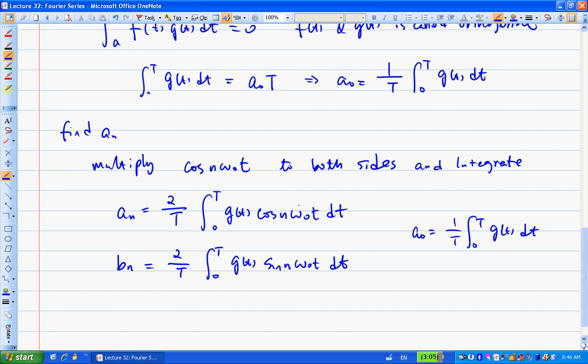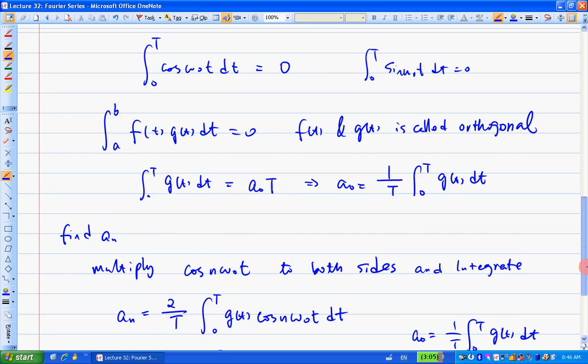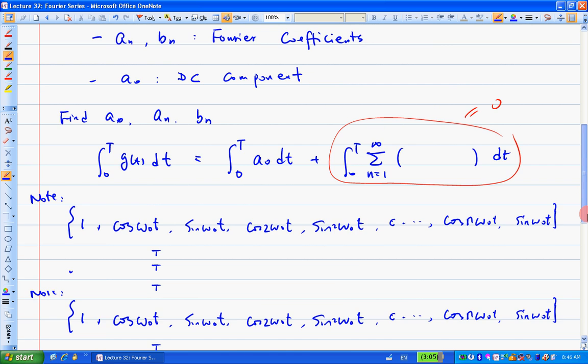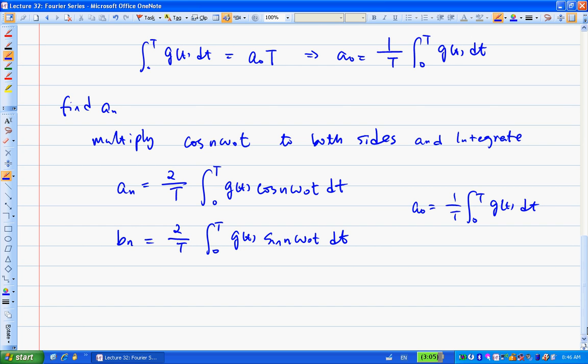And what's the n value? The n value is from 1 to infinity. This is not negative, this is 1 here. So from 1 up to any number you want. Sometimes you don't need to list everything.